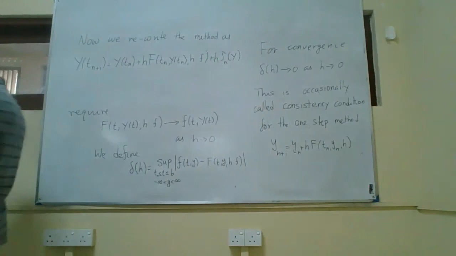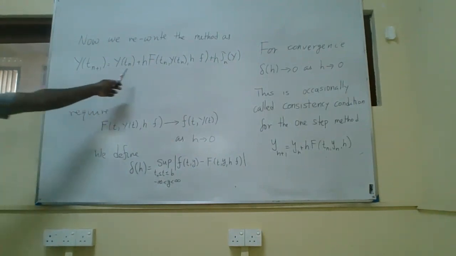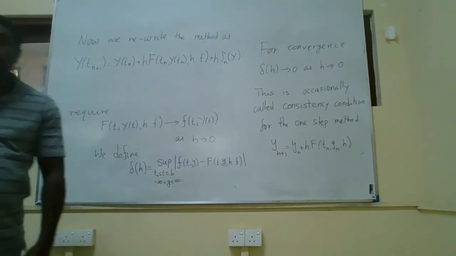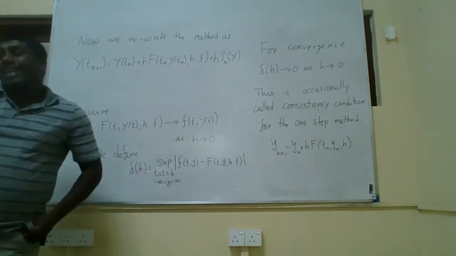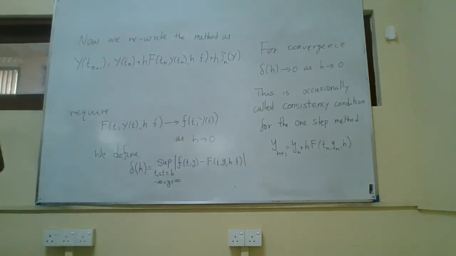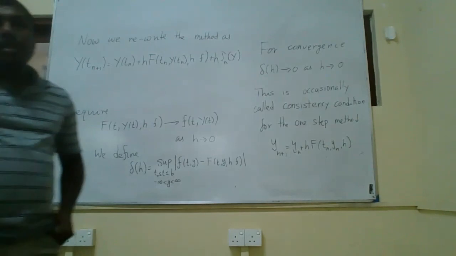Right. So you rewrite the method when the method is applied for the real solution. So when you replace the approximation by the real solution, that is when you define the truncation error. So you define the truncation error by looking at the real solution applied to the method, right?